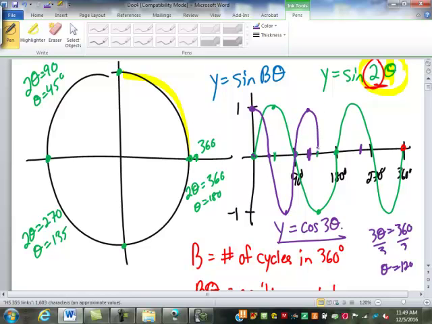And of course, that's going to keep going. I'll make sure I got this right. 120, 240, we'll be back at 240 right there. Here, there we go.